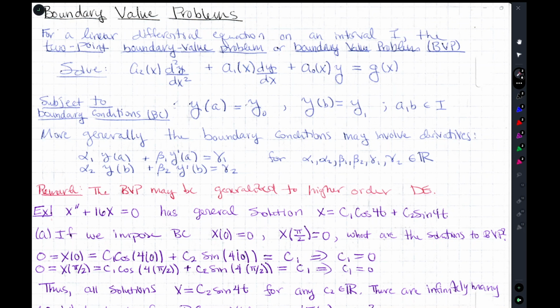And we would specify the initial position, x at t naught, and the first derivative, x prime at t naught. What is the first derivative? The velocity. So that's the initial value problem.